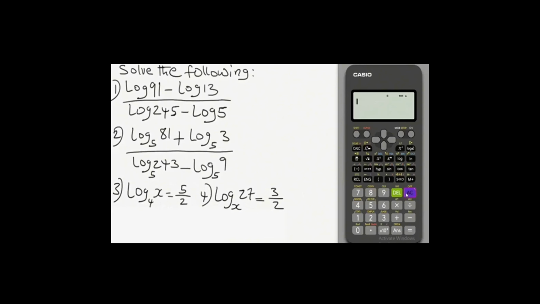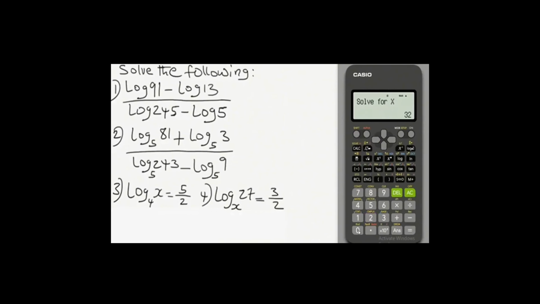Very simple, guys. So let's do question 4. We have log base x of 27. We are looking for the base value. Equals, we press alpha and this, and to come out in fraction, 3/2. So that's it. Then press shift calc, assign x 0.